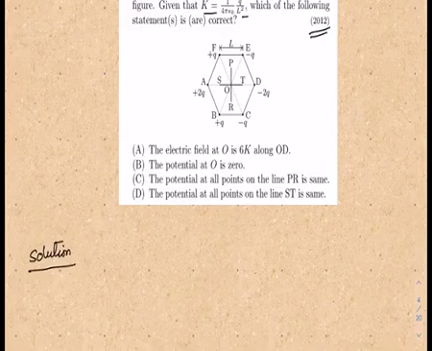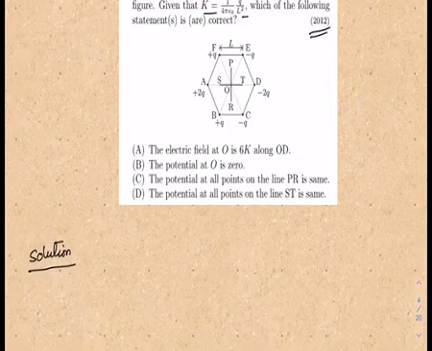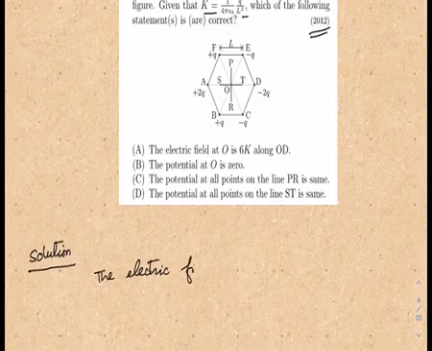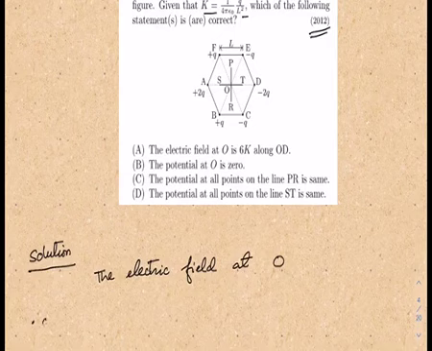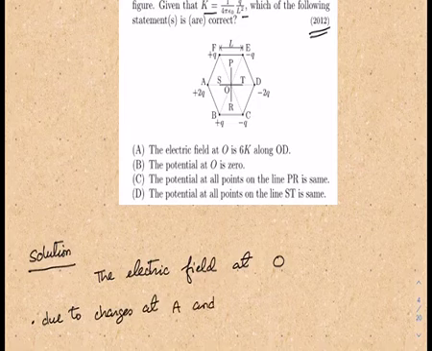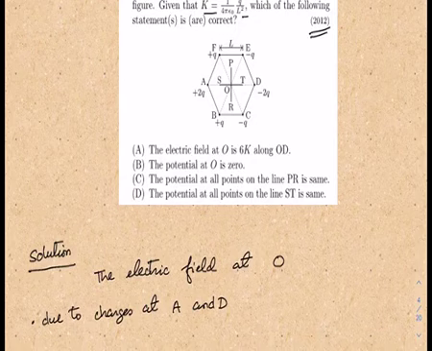So first of all, the electric field at O. So the electric field at the point O, you have to calculate it due to all these pairs of charges. So if I write the electric field at O, first of all let me say due to charges at say A and D. What about the force due to A and D?